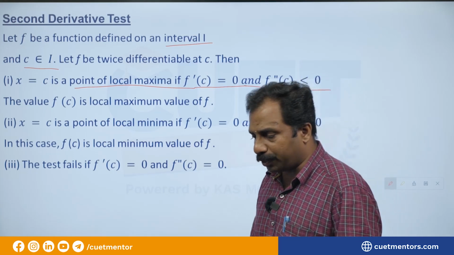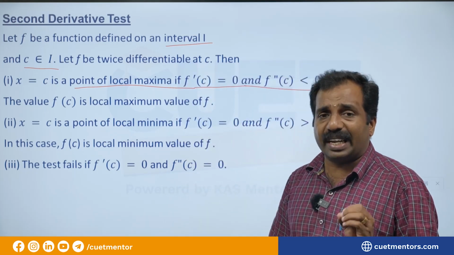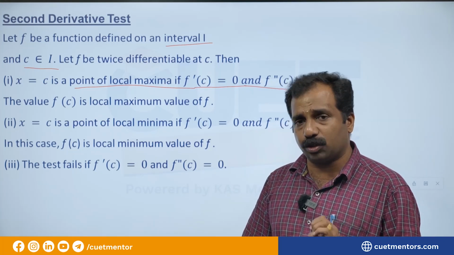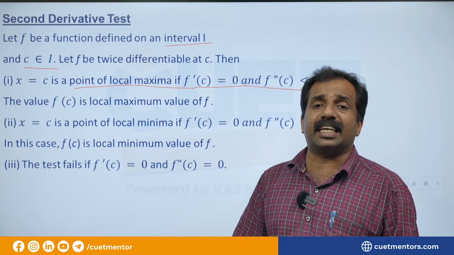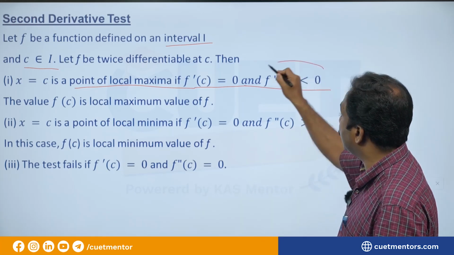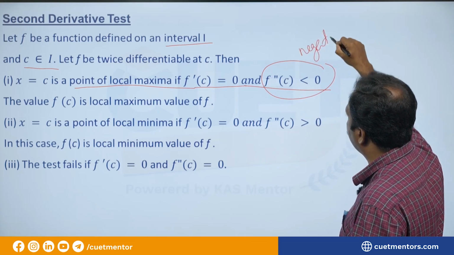The first derivative should be equal to 0 and the second derivative should be negative. It is very important.